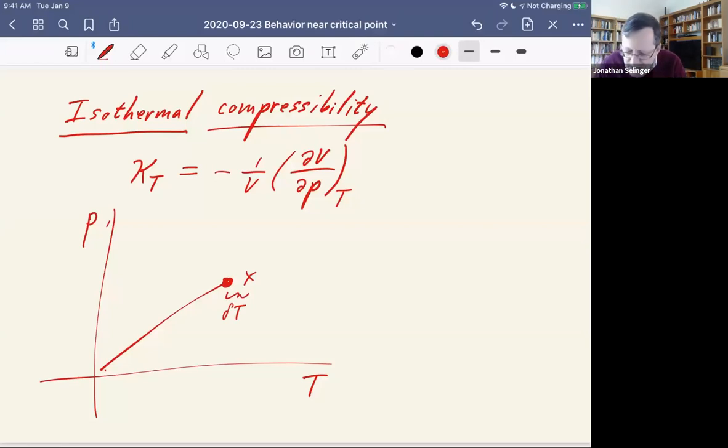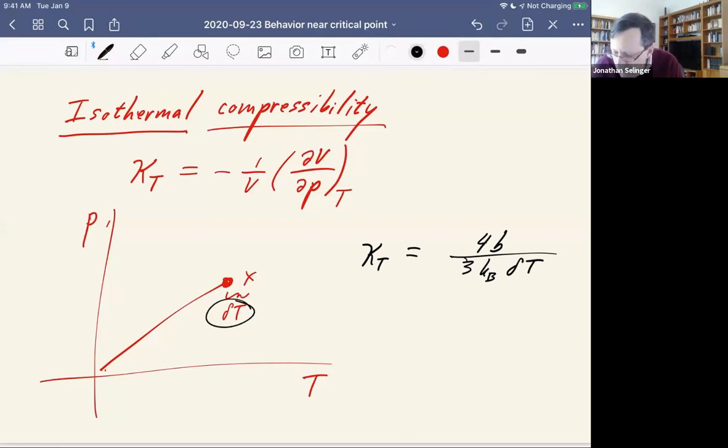The answer, which is also worked out in that section of the text, is that the isothermal compressibility comes out to be 4b over 3 times Boltzmann's constant times delta T. In other words, when you are very close to the critical point, so delta T is really small, then you get a huge compressibility.